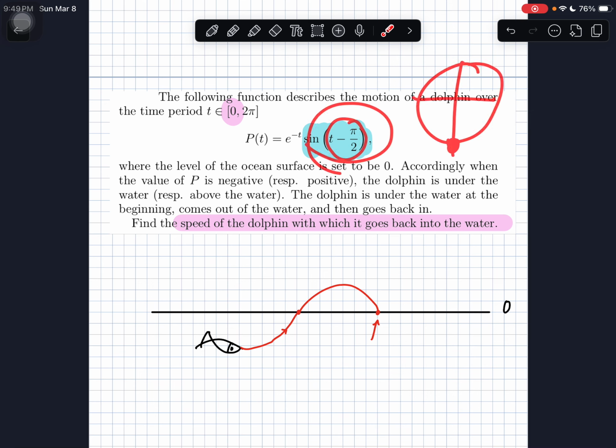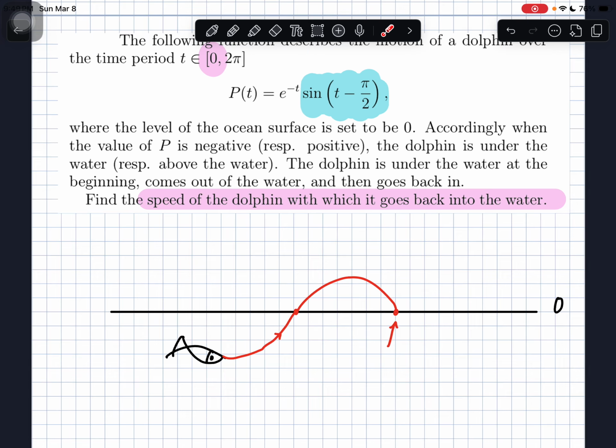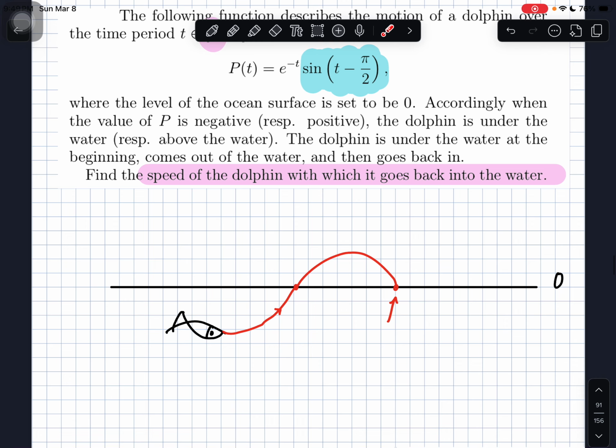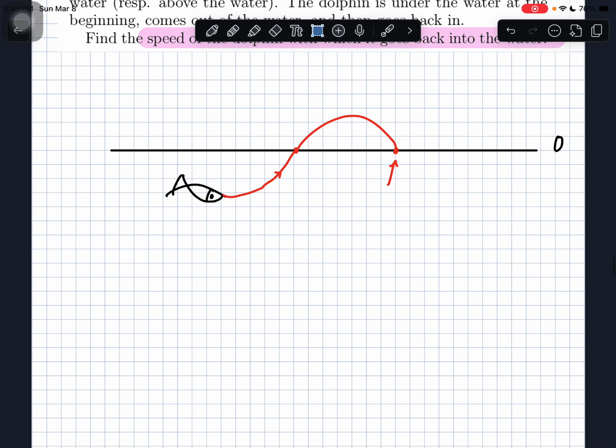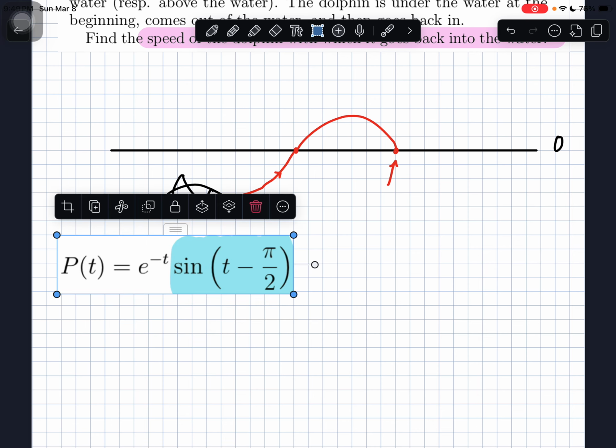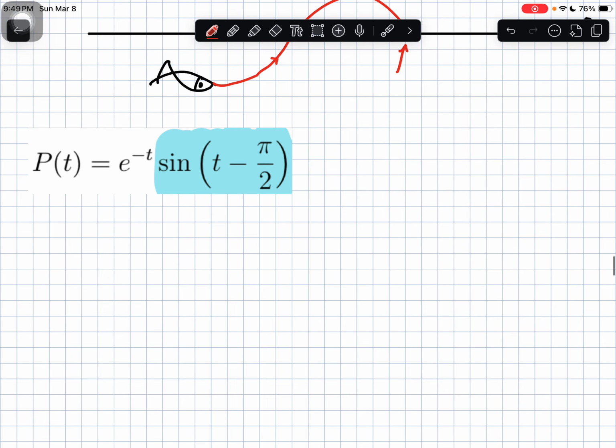This is negative, it does make sense. And then it goes to the surface level. The first time it gets 0, t increasing, you get 0. So you have P of t equals this, sine of t minus pi over 2.